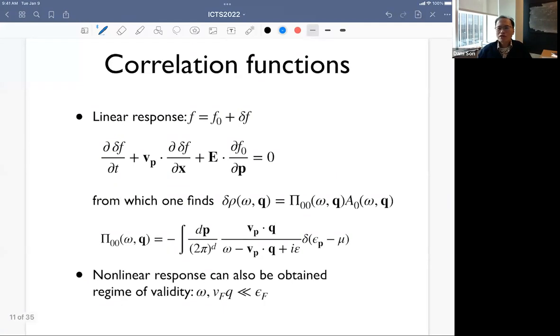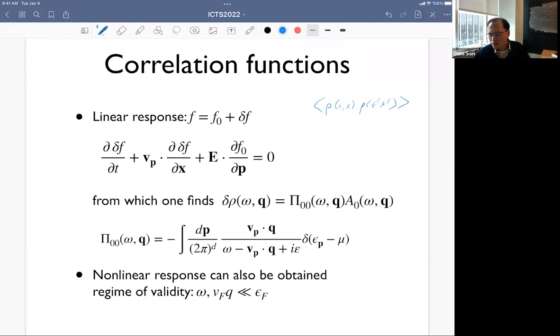Using the Liouville equation, we can compute physical quantities that are of interest to us. For example, we can compute the two-point function of density, rho_t(x) rho_t'(x').